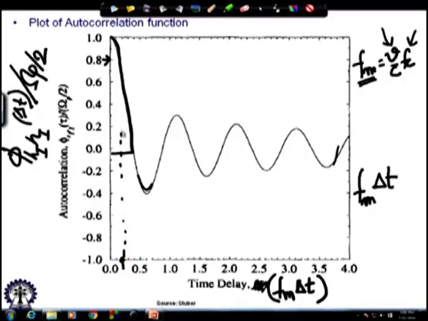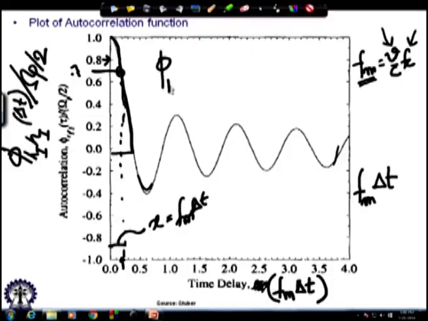If we take this line straight and we reach, let's say, this point, which is 70%, then at this value of f_m delta t, which is x, where x is equal to f_m delta t, the correlation is 0.7, or we could also state that phi_hI at x is equal to 0.7.